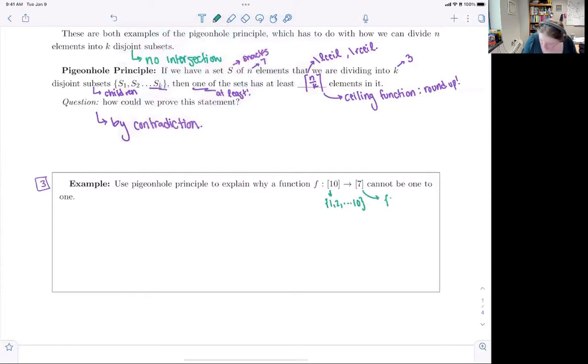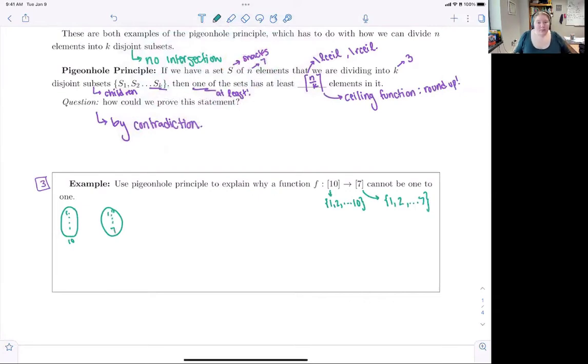And this is 1, 2, ..., 7, cannot be 1-to-1. Well, we're going to need to talk about this as distributing objects among boxes. So if we think about a function, and it has 1, 2, ..., 10, going from here, and then we're going to map over to 1 to 7.